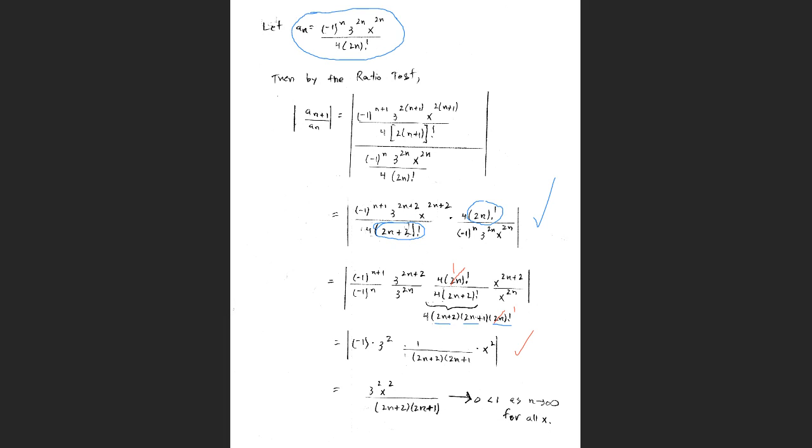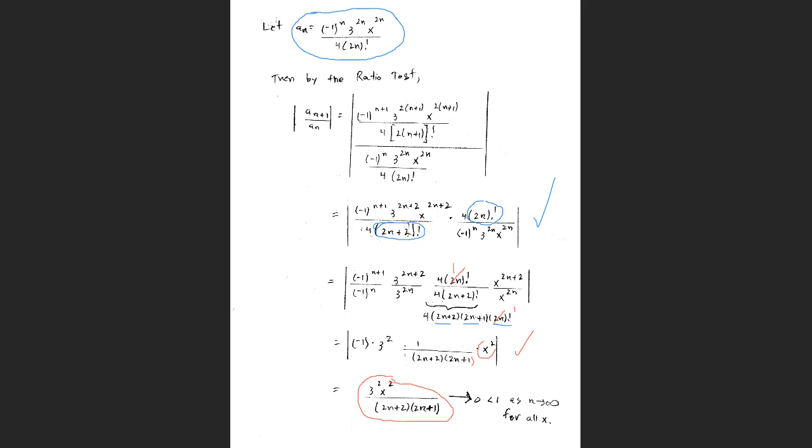But the absolute value of negative 1 times 3 squared over 2n plus 2 times 2n plus 1 times x squared; x squared is always positive, so you can rewrite that ratio like this. You can drop the absolute value because x squared for any x value is always positive.